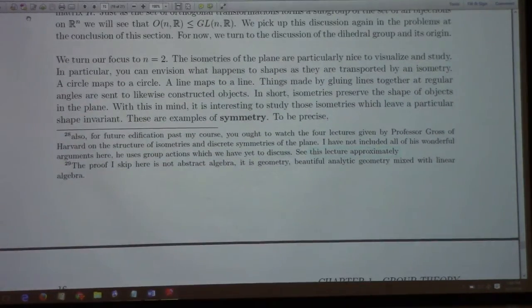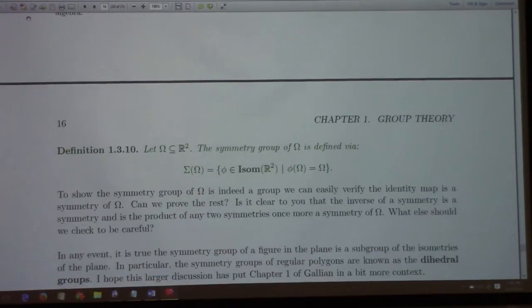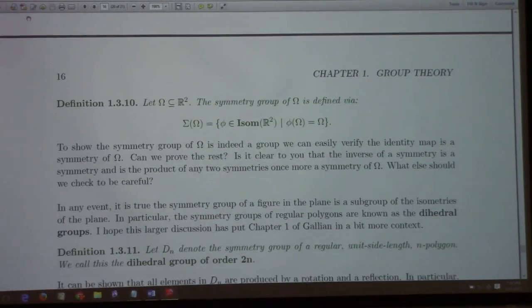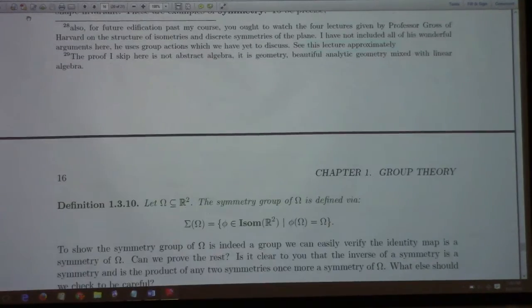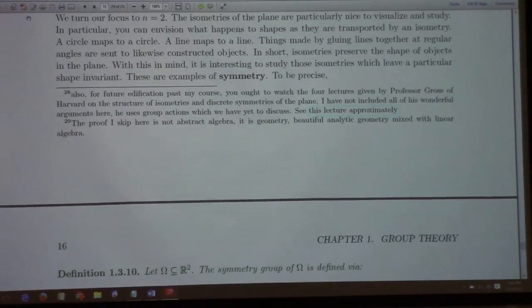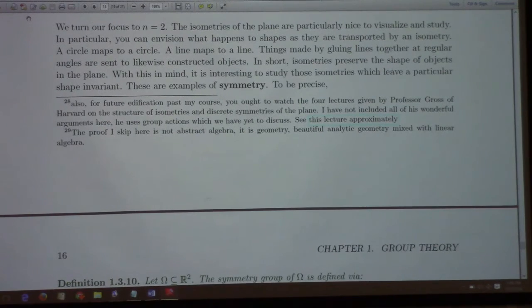So, getting to the point here. Symmetry groups. So we turn our focus to n equals 2. The isometries of the plane are particularly nice to visualize and study. You can envision what happens to shapes as they're transported by an isometry.